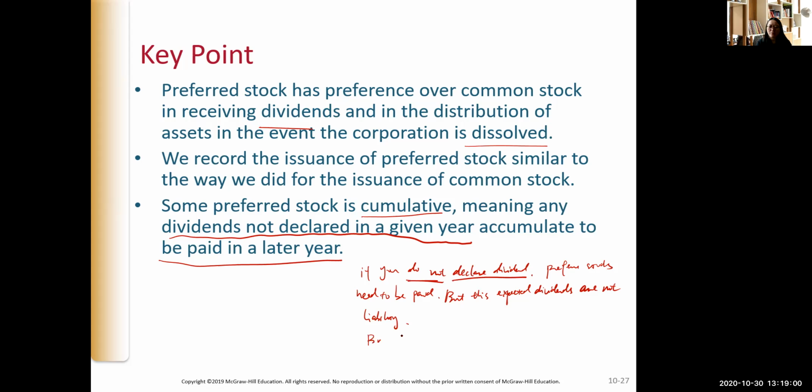But when you are ready to declare dividends, maybe 10 years later, who knows, whenever you are ready, you have to pay the old preferred stockholders' dividends before common stockholders.